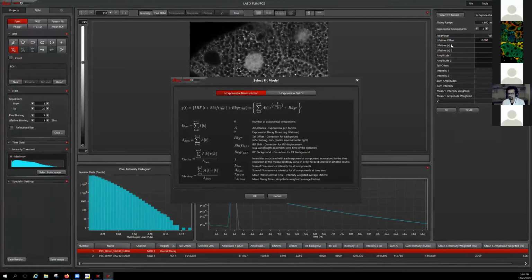That actually comes when you are using more exponential components than necessary. You would usually get 2 lifetimes that are so close to each other, and that's an indication that you are using more components in your decay fit than necessary.